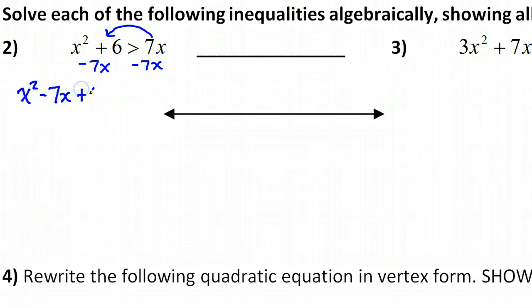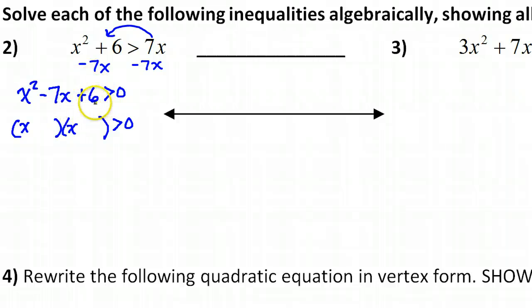So we can easily factor this, which is key. Because x squared can only be x times x, and 6 is either going to be 2 times 3 or 6 times 1. Now, with an eye on the 7, we're really looking at the 1 times 6 option.